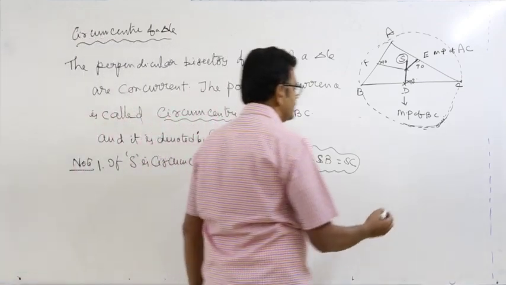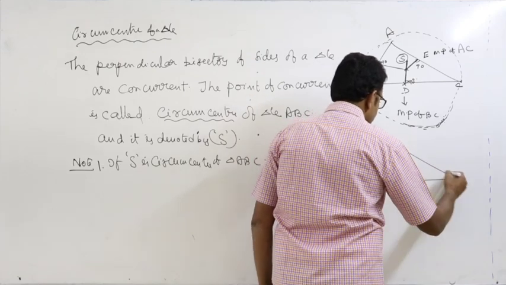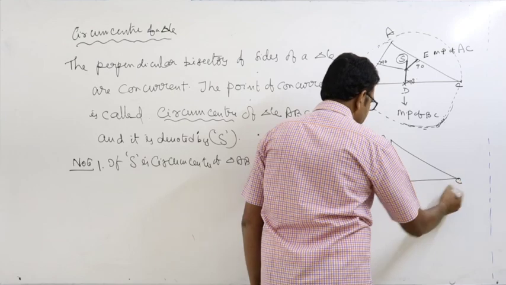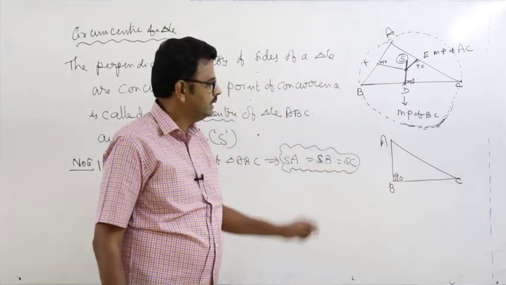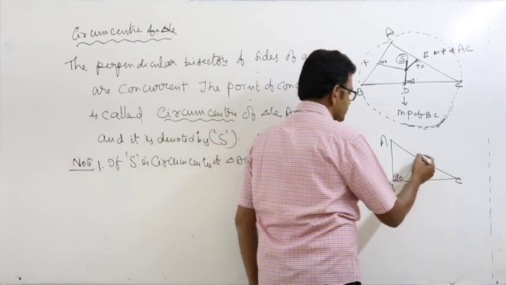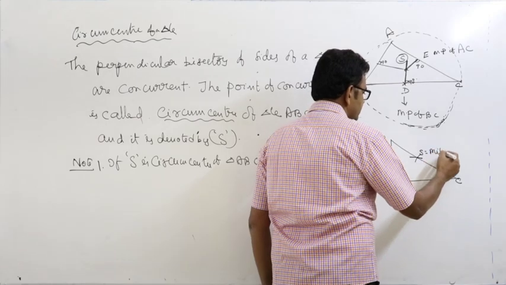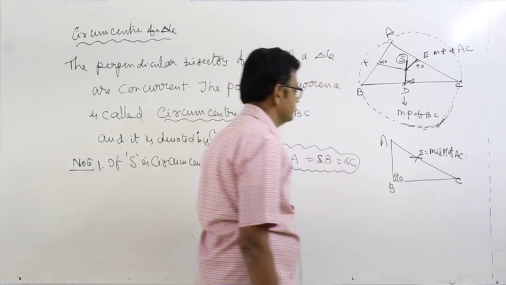Suppose the triangle is a right angled triangle, with a 90 degree right angle. Then its circumcenter is the midpoint of the hypotenuse.